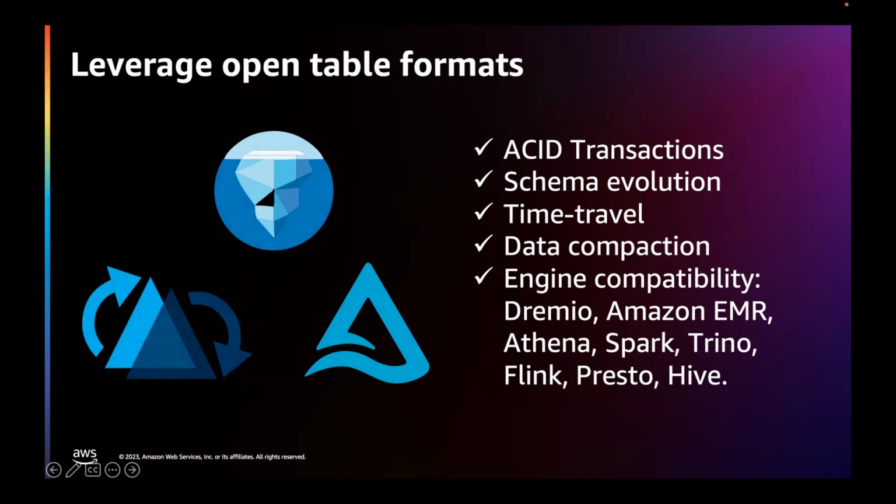So for instance, Parquet is a really good open format for analytic queries because it compresses the data, so you save more on storage, and also it provides fast query response time. And also open table formats are very desirable because they provide all those capabilities I talked about. One of them, Apache Iceberg, we've seen a lot of traction and adoption from customers.